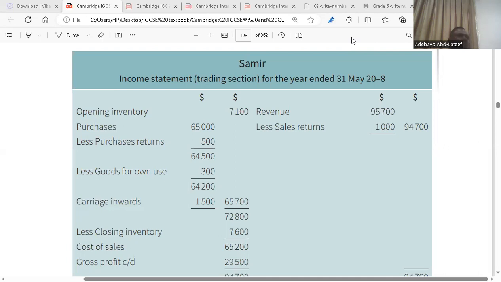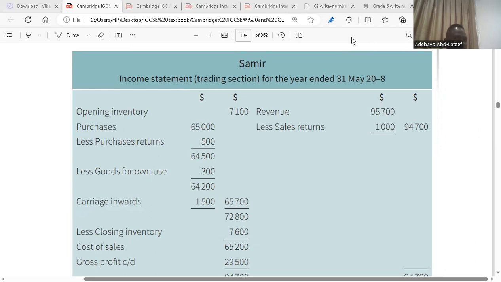The purchases returns, you less it. That's the value of what we return, the return outward to our suppliers. Less goods for own use. We deduct the value of the goods that the owner of the business, Samuel, took from the business for personal use. Then the carriage inward, you add it because it's part of our trading account.